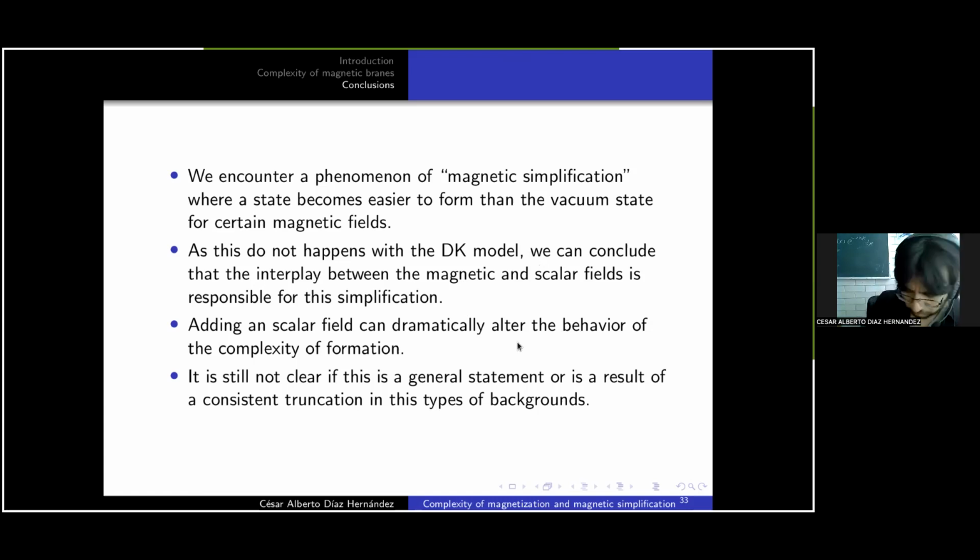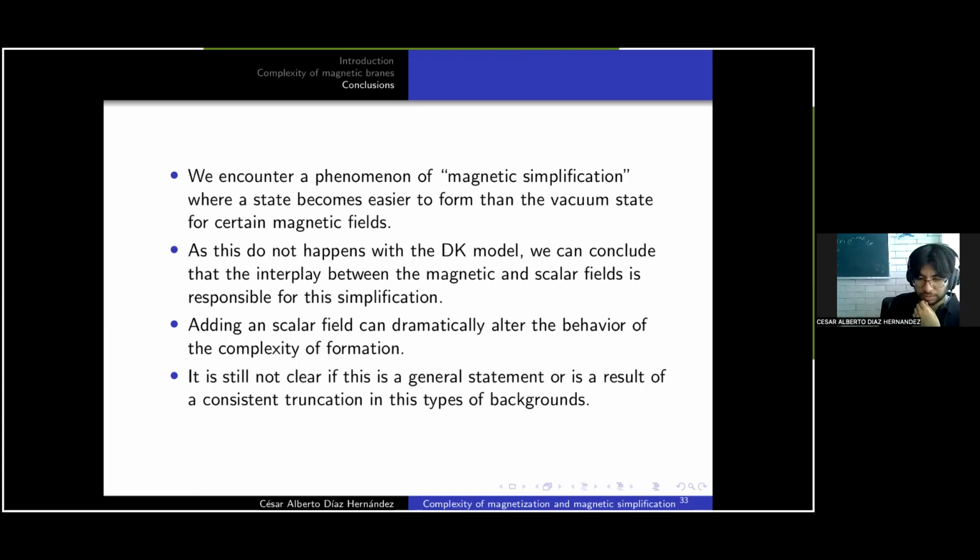And well, it has been noted in the literature earlier that adding this type of scalar fields can dramatically alter the behavior of the complexity of formation. Not only here, but there have been other examples where the complexity of formation becomes negative for backgrounds with some sort of scalar field involved. However, it is not clear if this is a general statement or is a result of the consistent truncations.